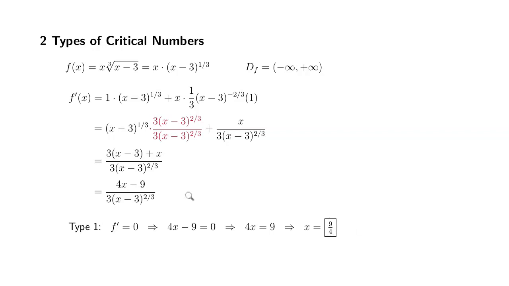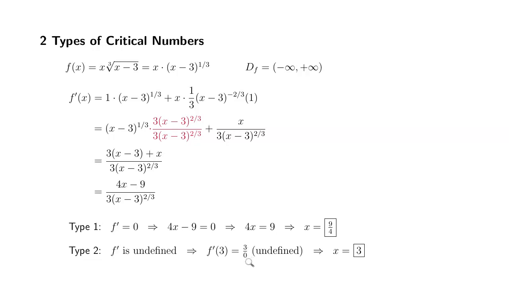How about the critical number of type 2? Those are the numbers that make the derivative undefined. Where is this derivative undefined? A fraction is undefined when the denominator becomes 0. So you can see that when x equals 3, the denominator is 0. f prime of 3 has a 0 on the bottom, and 4 times 3 minus 9 is 3.